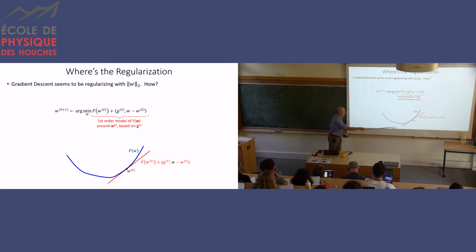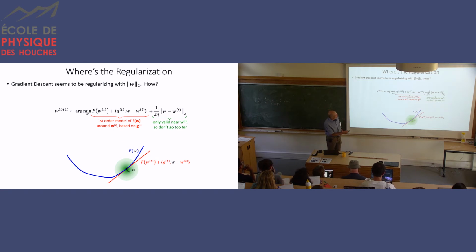Because first of all, way down here, this approximation is not valid. And second, if I have stochasticity, I don't want to be jumping around like crazy all the time. I do want to remain local. And so what we do at each step of gradient descent is minimize this first order approximation plus a proximity term that says we have to stay close to our previous iterate.